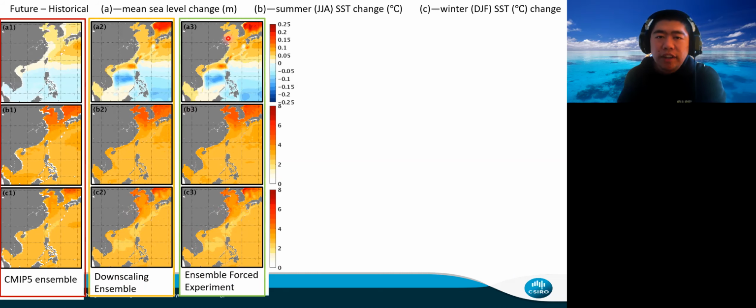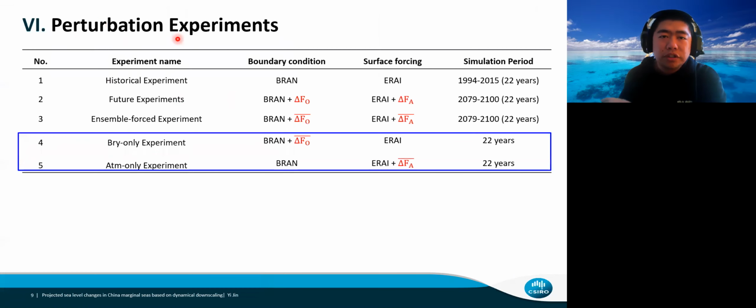And to further investigate the mean sea level change in the marginal sea, we did 2 perturbation experiments. So in the number 2 and the number 3 experiments, the climate change signal is applied for both boundary condition and surface forcing. And here, in the boundary only experiments, the climate change signal is only applied for the boundary condition while keeping the surface forcing unchanged.